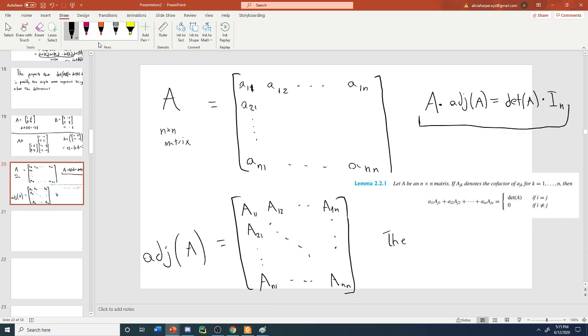The ijth entry of the product of A with the adjoint is exactly this sum.